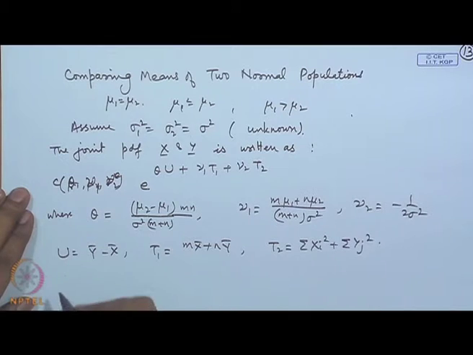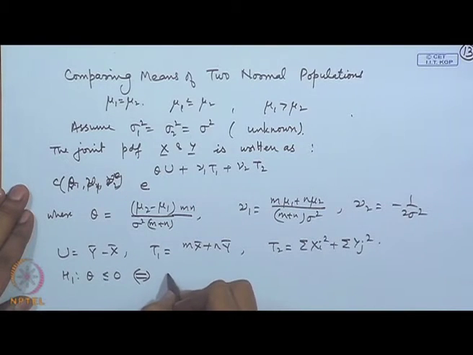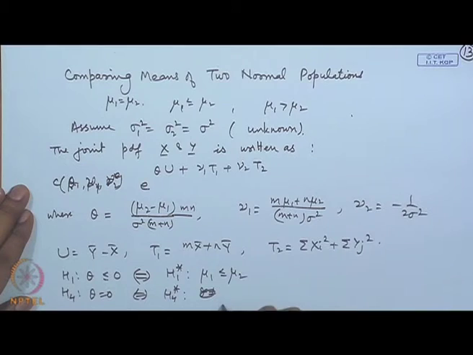So, if I consider the hypothesis H 1, theta less than or equal to 0, this is equivalent to H 1 star, say mu 1 less than or equal to mu 2. Similarly, if I consider theta not equal to 0, that is mu 1 not equal to mu 2.